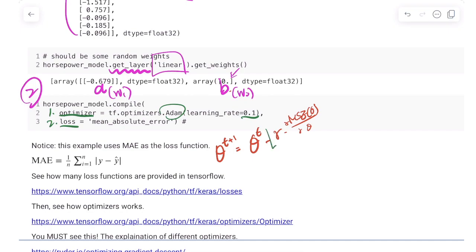The learning rate will be used right here. Adam means adaptive. Adaptive means when you perform gradient descent, the learning rate will be adapted.